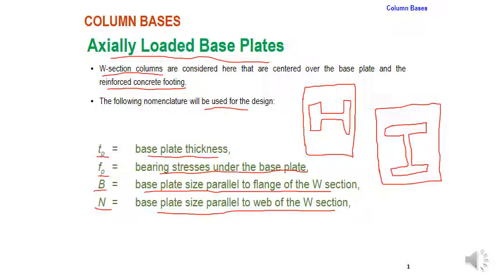Whatever the case, B will be the base plate size parallel to the flange of the section. Wherever the flange of the column is, that direction will be B, and along the web the dimension of the base plate is called capital N. If this is the orientation, then this will be the B; the B and N are now reversed. So it will be B and it will be capital N.